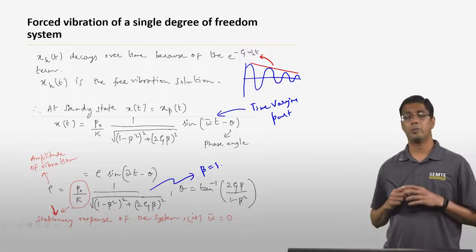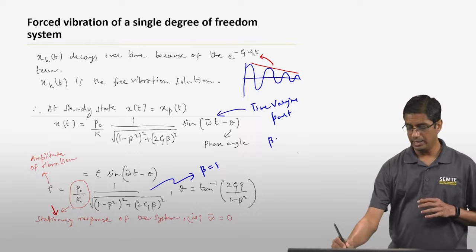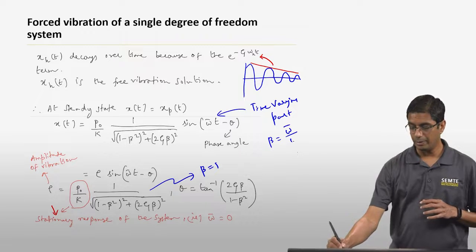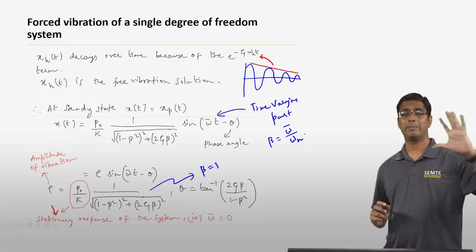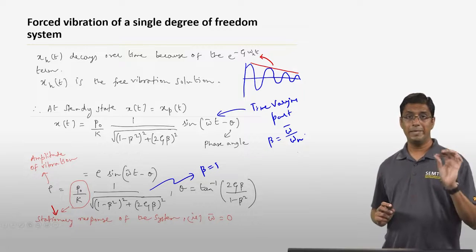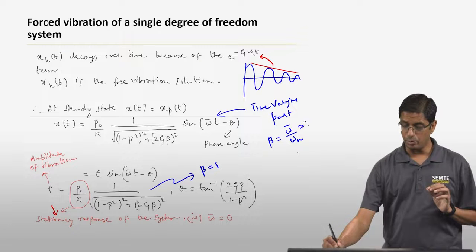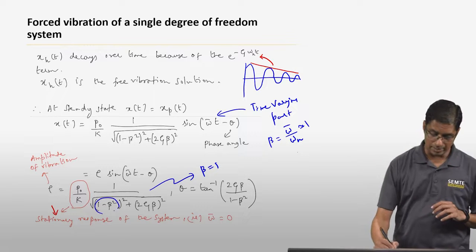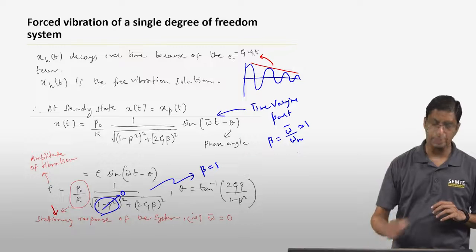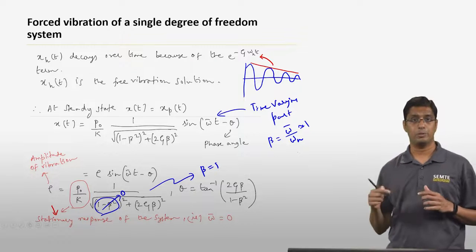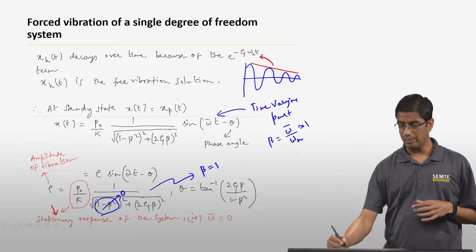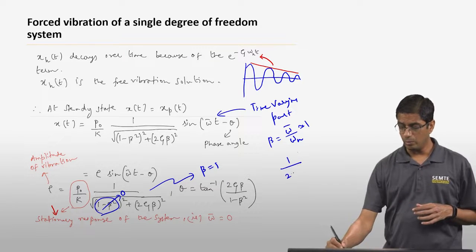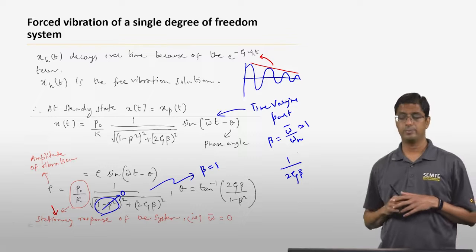So what does beta equal to 1 mean? Beta is basically omega bar by omega n, which is the forcing frequency divided by the natural frequency. Now if beta is approximately equal to 1, this term essentially goes to 0, because 1 minus beta square the whole square becomes 0. So essentially the whole term becomes something like 1 by 2 zeta beta.